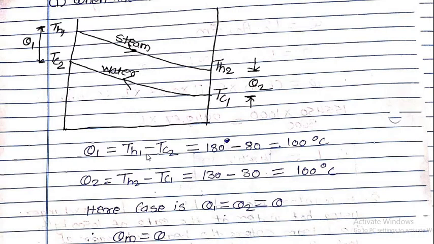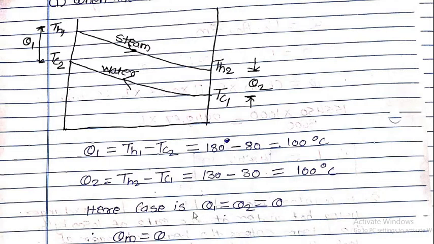So theta1 is equal to Th1 minus Tc2 is equal to 180 minus 80 is equal to 100 degrees Celsius. In the same manner, theta2 is equal to Th2 minus Tc1 is equal to 130 minus 30 is equal to 100 degrees Celsius. So this is the special case where we are getting theta1 equal to theta2. In that case, we have derived special case number 1.